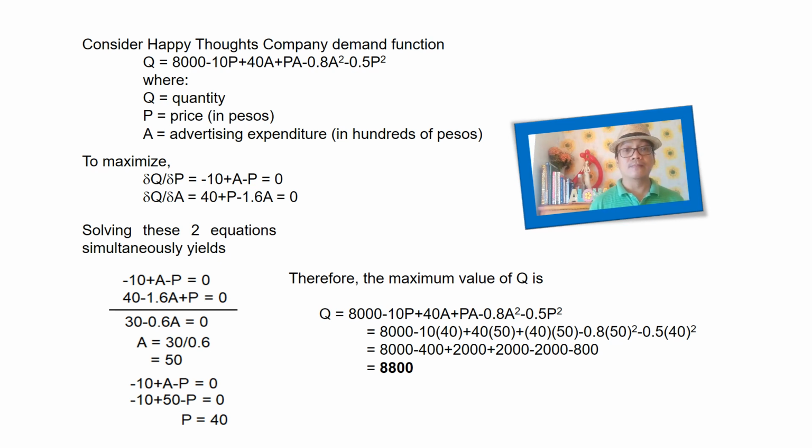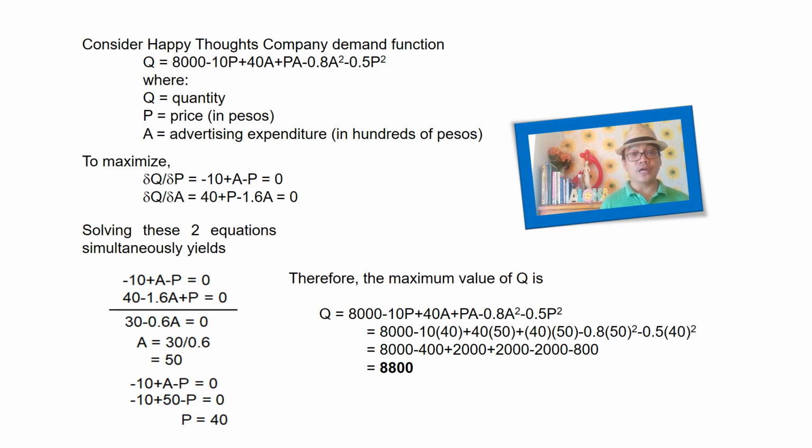So we have the partial derivative of the demand function with respect to p equal to negative 10 plus a minus p equals 0. Now, the partial derivative of Q with respect to a is equal to 40 plus p minus 1.6a equals 0.